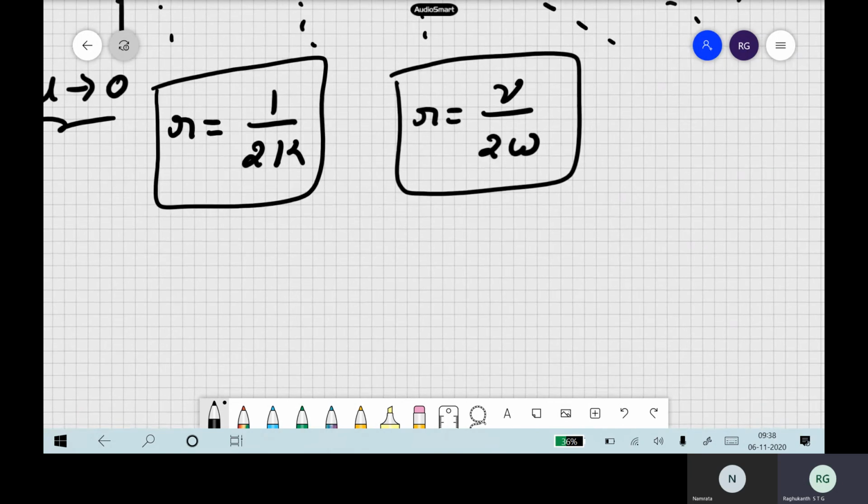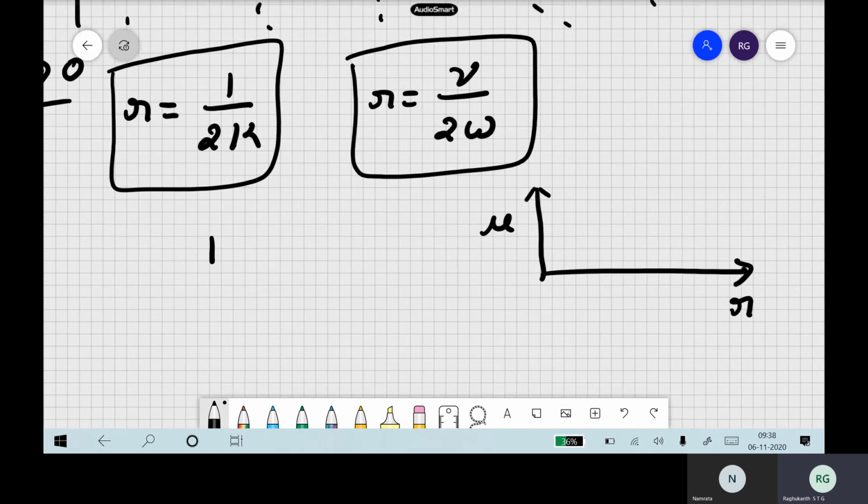So now what are the roots? When k is equal to 2, if you try to plot mu versus this r, what is the root? So 1 by 4, you followed, right? Then 1 by 8, like that it comes.